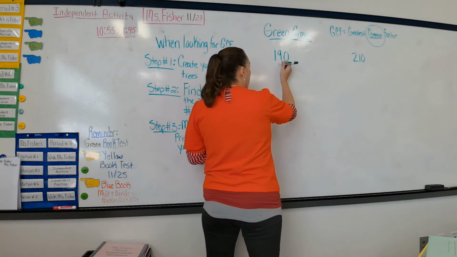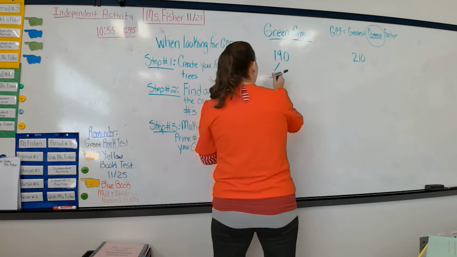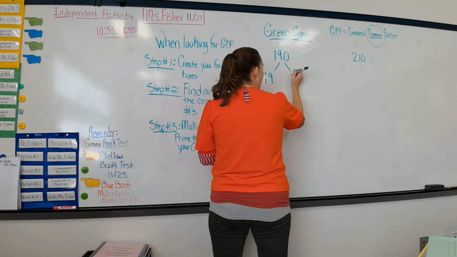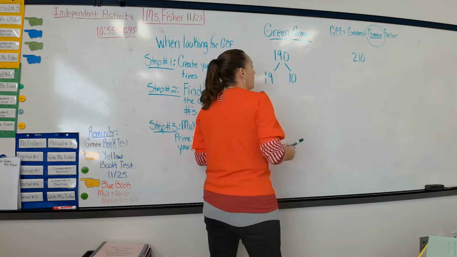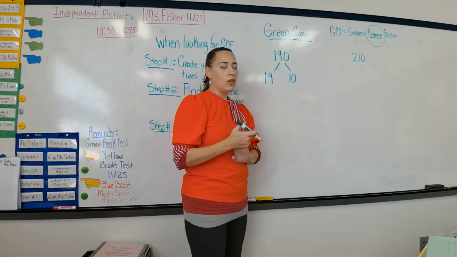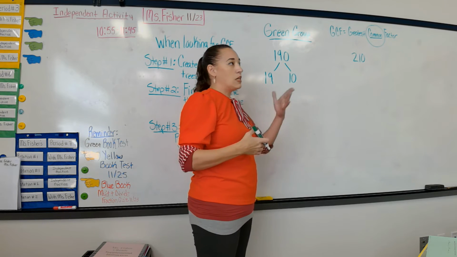So you could say 19 times 10 will give me 190. Again, just doing it this way is going to save you a lot of steps and some time.